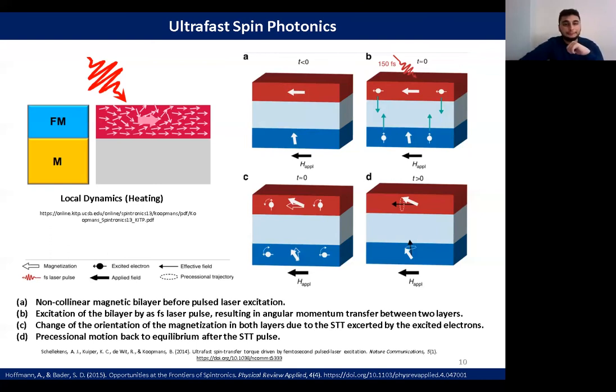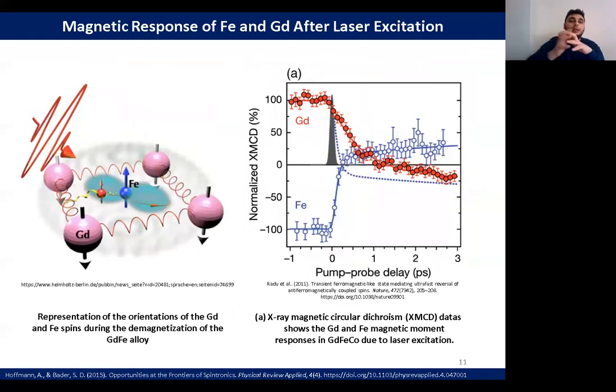Okay, now let's look at the next slide, which shows the graph of X-ray magnetic circular dichroism of Gd and Fe. We see that for the sample with an ultrafast laser pulse, the magnetization for Gd and Fe starts much higher.